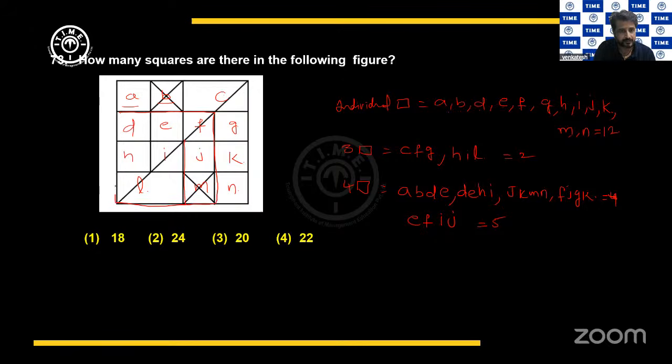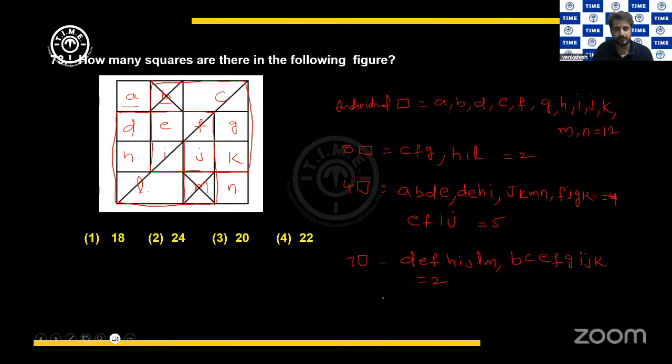These letters in combination, DEF, HIJ, LM, form a square, and this one is also forming a square. Similarly BC, EF, G, I, J, K are forming a square. Now, this is a combination of how many elements? 7. So these are 2.